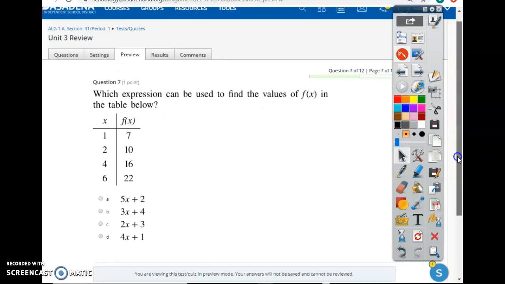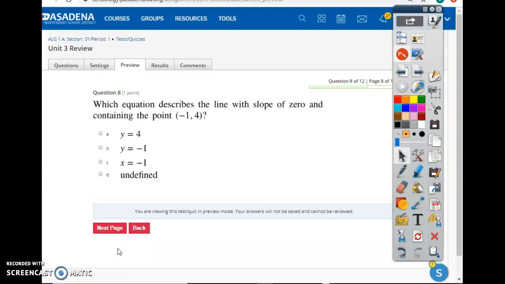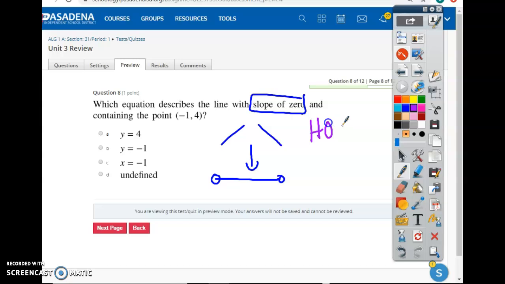The next one, problem 8. Now this one's asking for slope of 0. So remember, slope. Horizontal line is 0, right? And remember the notes, HOVU.